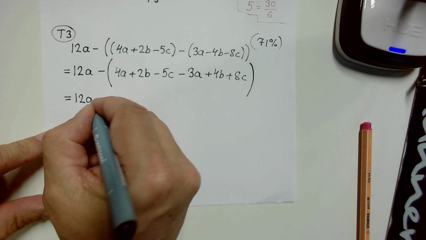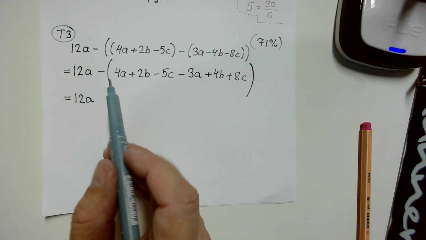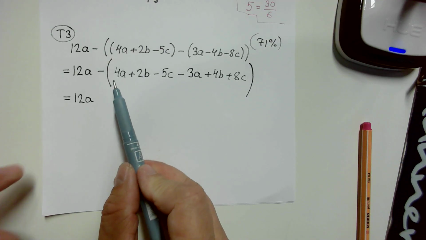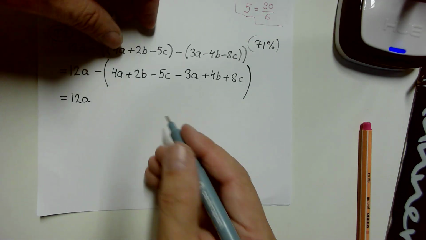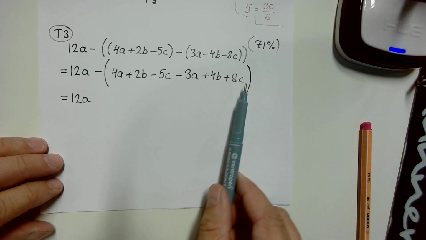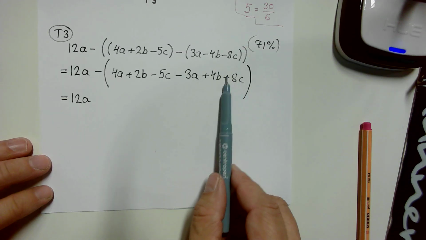We have 12a, and then we have this minus sign, which means that we multiply all these with -1 or change the signs inside of these brackets. So we only have to be careful, as I probably said earlier, that the most common mistakes come in the end of the expression.